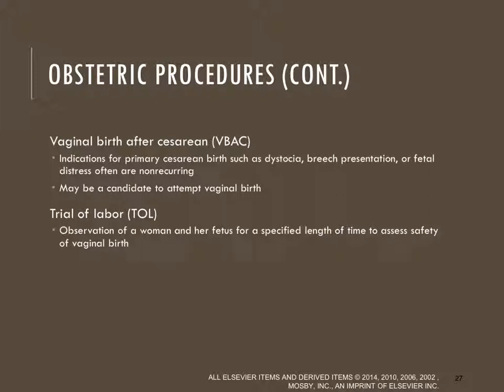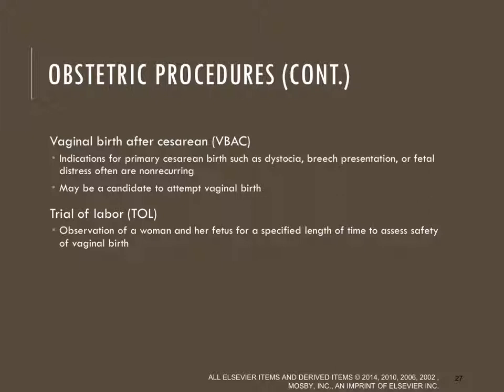So let's say mom is pregnant with her second baby. With the first baby, she had to have a C-section because maybe she had a breech presentation. That did not necessarily mean her pelvis was inadequate in shape, or that there were serious complications that meant mom could not have delivered vaginally, except the baby was not in a favorable position to be born vaginally, so they had to do a C-section.